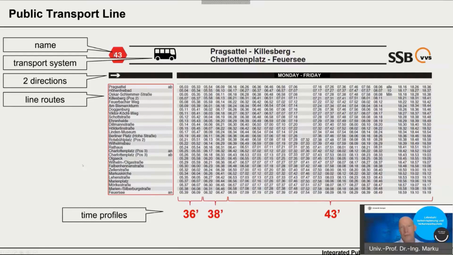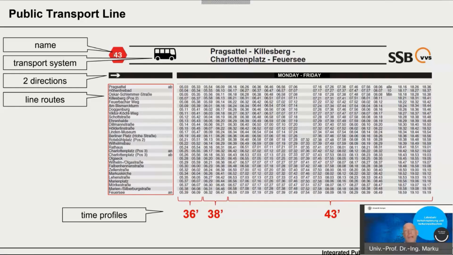It has time profiles. You see here that depending on the time of the day, if you compute the difference between the time starting at the starting stop and the terminal stop, you see in the morning it's faster and during the day it's slower because the bus is interrupted by cars.